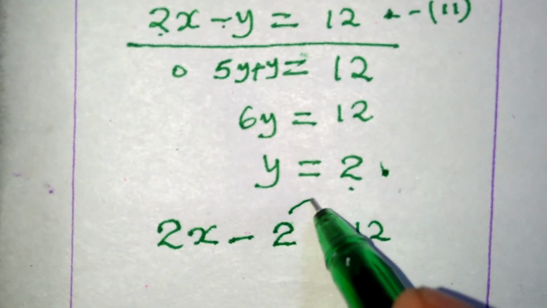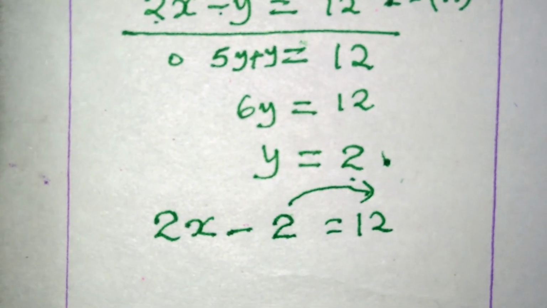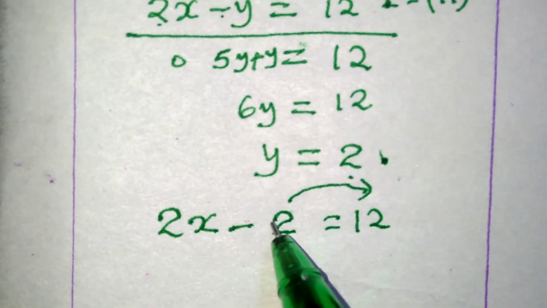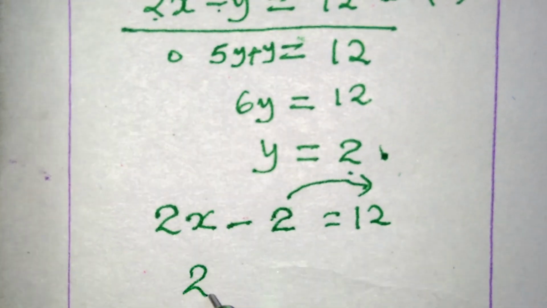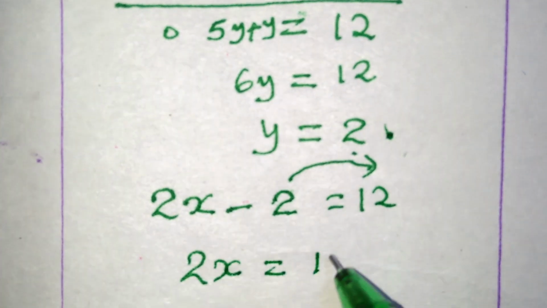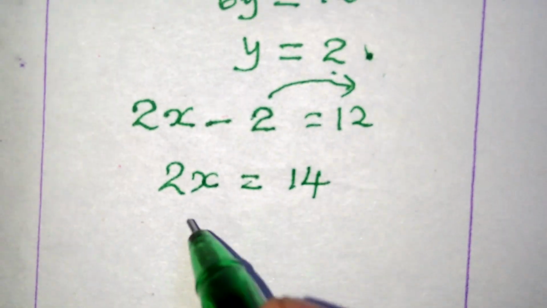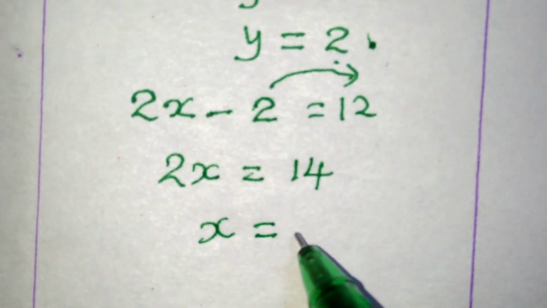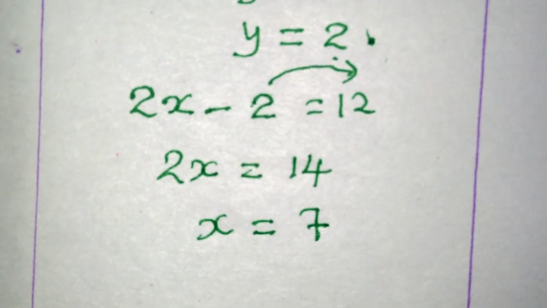Now here we have an equation that can be worked out easily. So we take 2 to the other side, we end up with 2x is equal to 14. That means x is equal to 7.